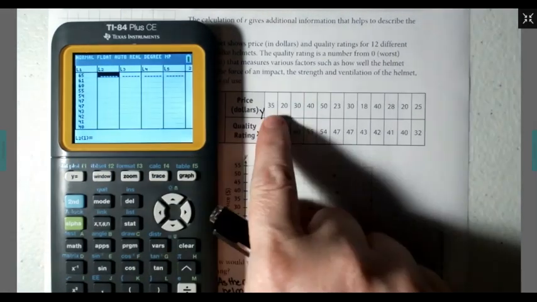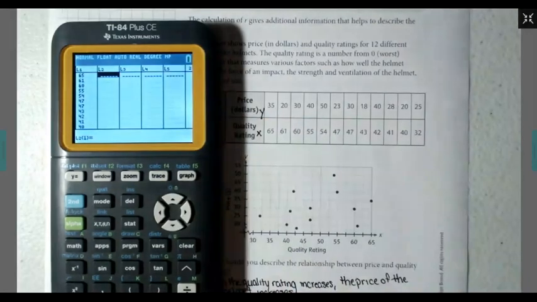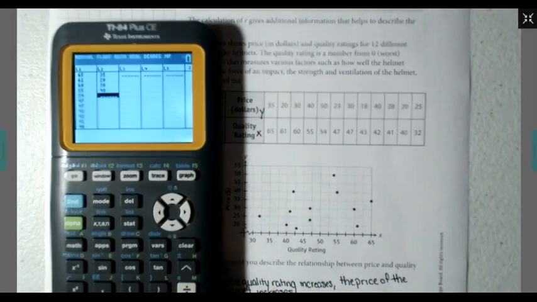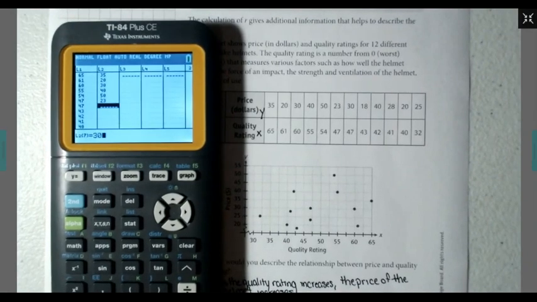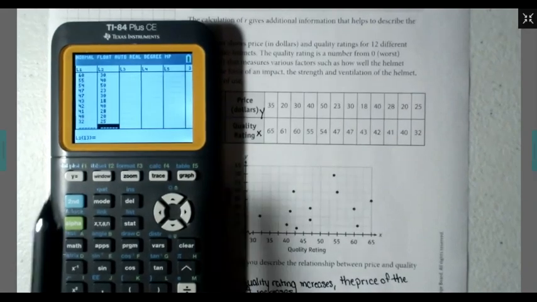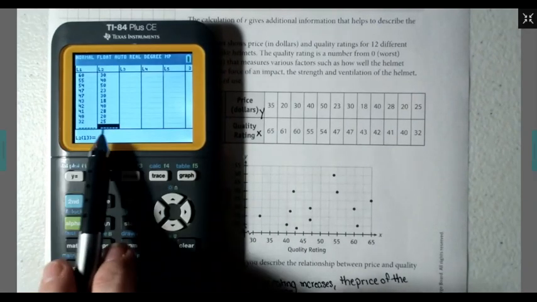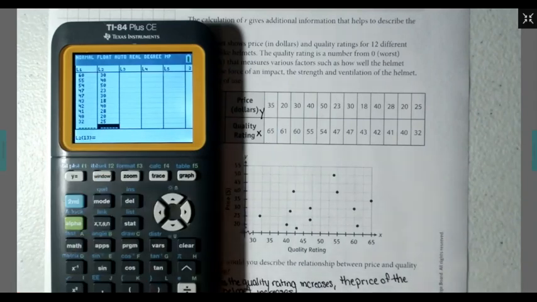Now I'm going to go to the L2 column and type in the top row: 35, 20, 30, 40, 50, 23, 30, 18, 40, 28, 20, and 25. Notice that my two columns should match up because I have 12 data points for both the X and the Y, or the L1 and the L2.